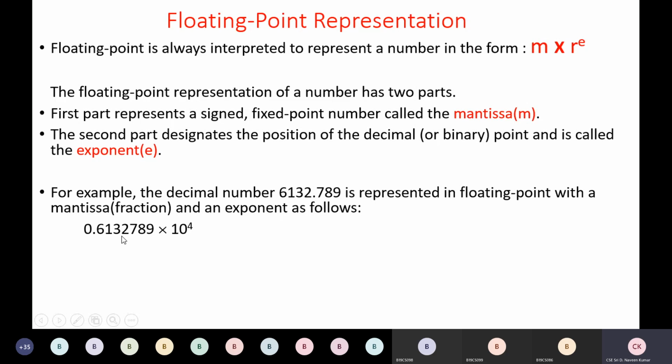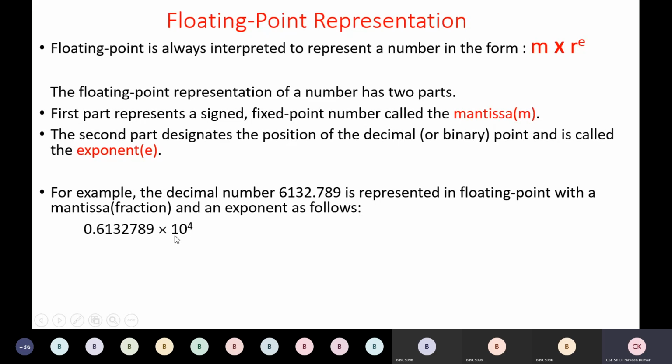I represented it in m into r to the power of e format. This same number I had taken, and I represented it in this format, where m is the mantissa, this part, and r is 10.